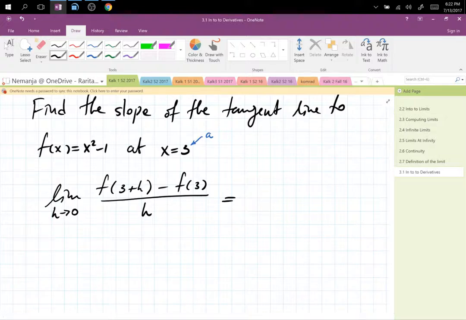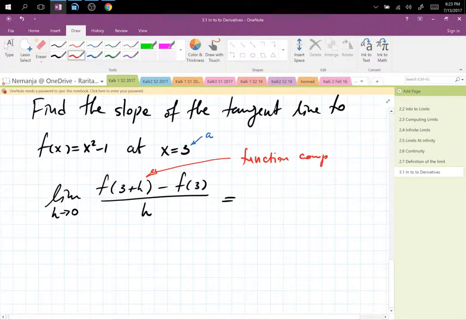Cool. So how do we compute this? Now, usually where issues happen is you don't remember function composition, and then that trips you. This over here is the function composition. Again, your pre-calc 1. We plug in 3 plus h, in this case, into f of x, and simplify.